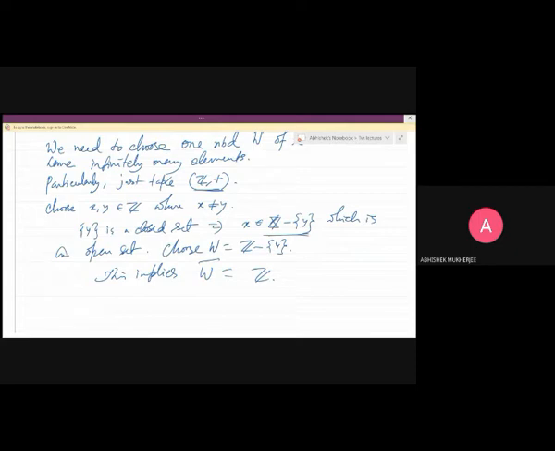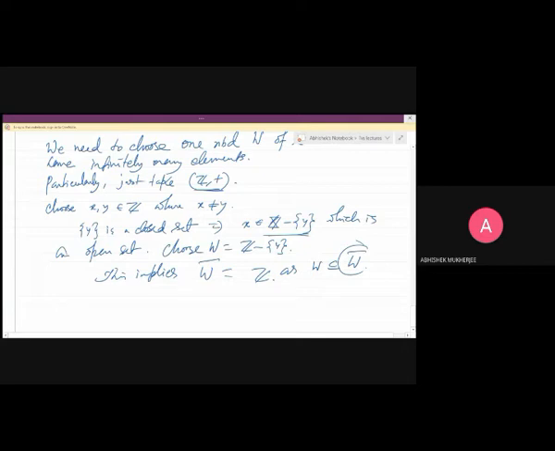Because W is contained in W bar, being an infinite subset of Z, and since we have defined cofinite topology on Z, W bar must be whole of Z, being an infinite set. So W bar will be Z.